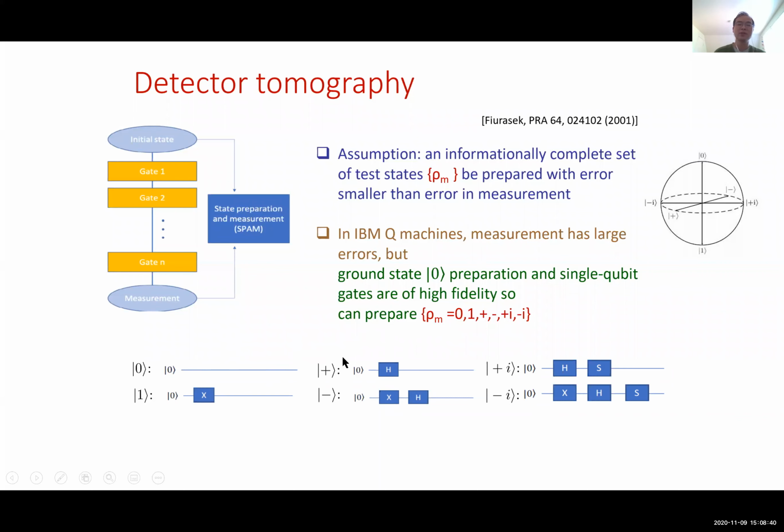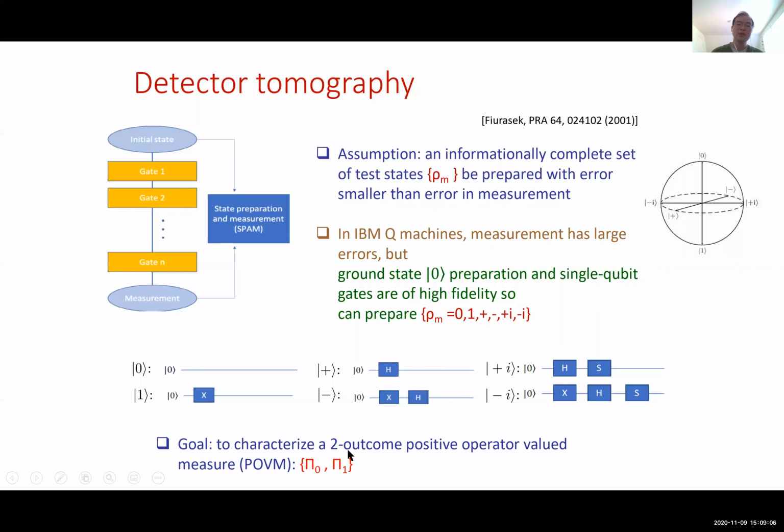For 1, you just flip by X. Plus, you create by using Hadamard. Minus is the transformation of 1 by Hadamard. And for plus and minus i, you use the phase gate. So these are the 6 states. It turns out that by sending these, you can analyze what the detector is doing.